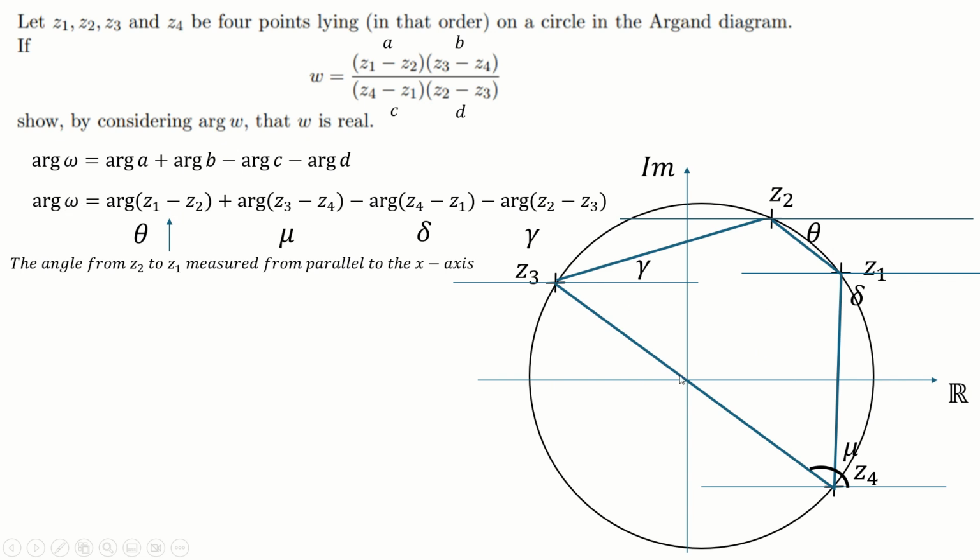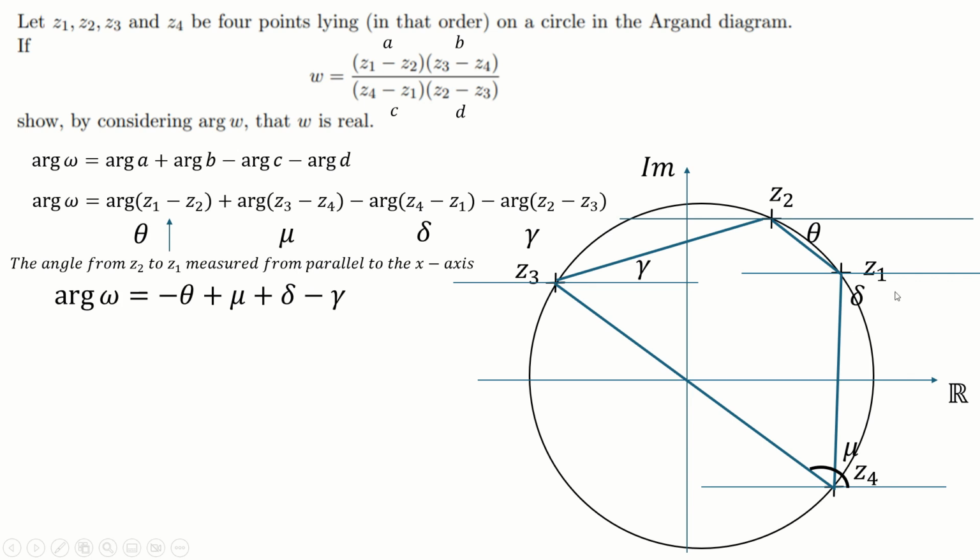So, okay, is there anything in this picture? I have that arg of W is obviously this plus this minus this minus this. Is there something in the picture that tells me why I've done a minus here? Why is that a minus plus delta? Oh, of course, because theta is measured down like this, so it's going to be a negative argument.